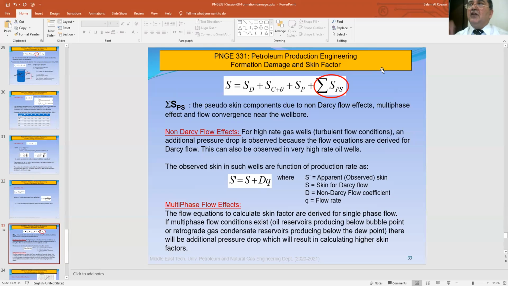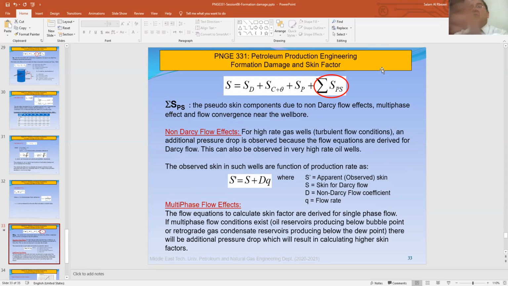One of them, again, there is a textbook written by Economides also. You can find the table for beta. Beta is a function of what? Porosity and permeability. Rho is the density, and V you can convert to flow rate Q. Okay.